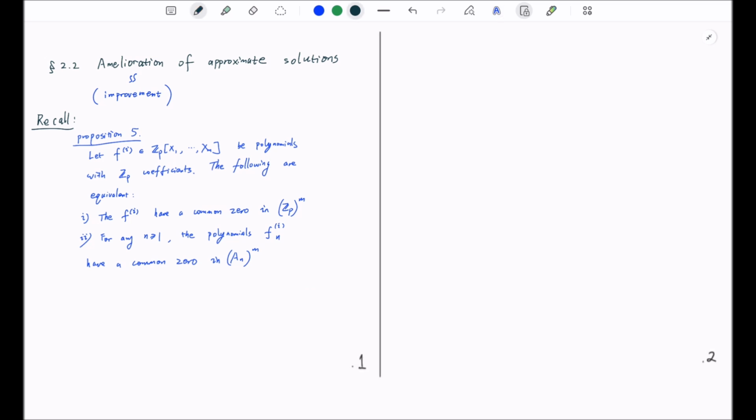So a natural question is, what if we do not know the solutions in A_n for all n? Or equivalently, we do not know the solutions to the p-adic equations modulo p^n for all n, but only for some n.